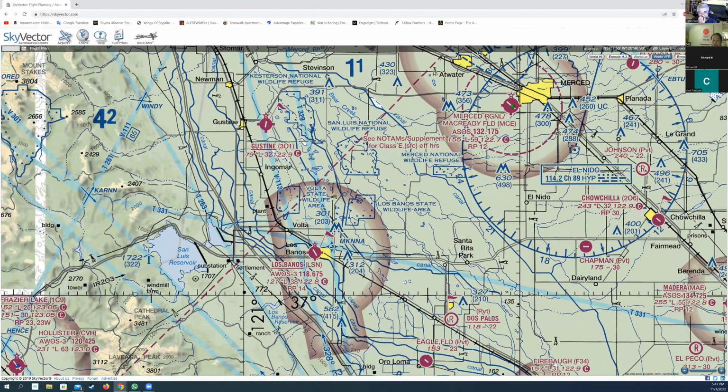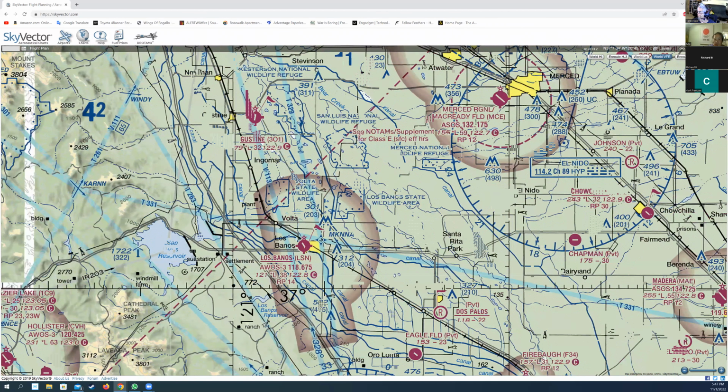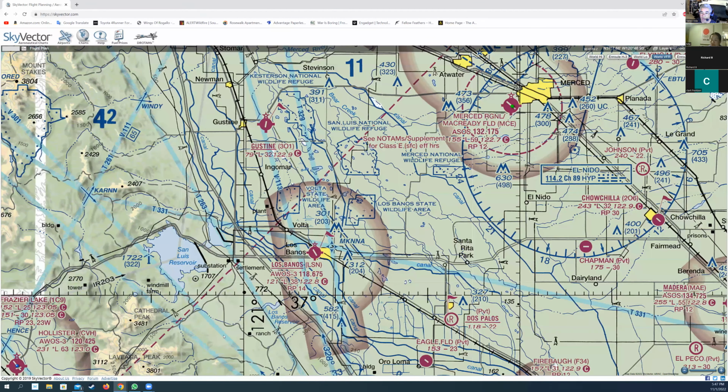Now, why is this important? It's important because if you look into the Part 103 regs, how late or how early are you allowed to fly under Part 103? 30 minutes before sunrise, 30 minutes after sunset, if you have strobe lights that are visible to, I don't know, 3 statute miles, and you're in Class G airspace.